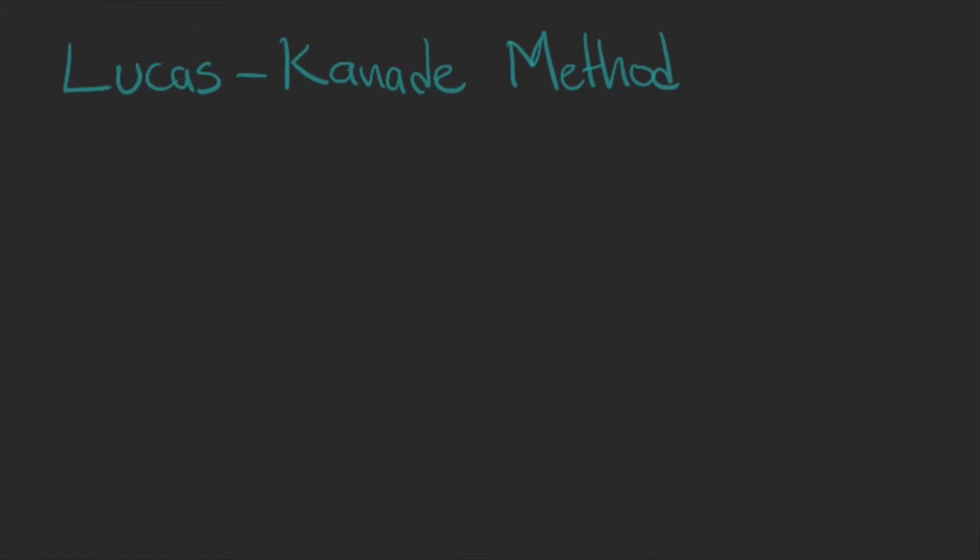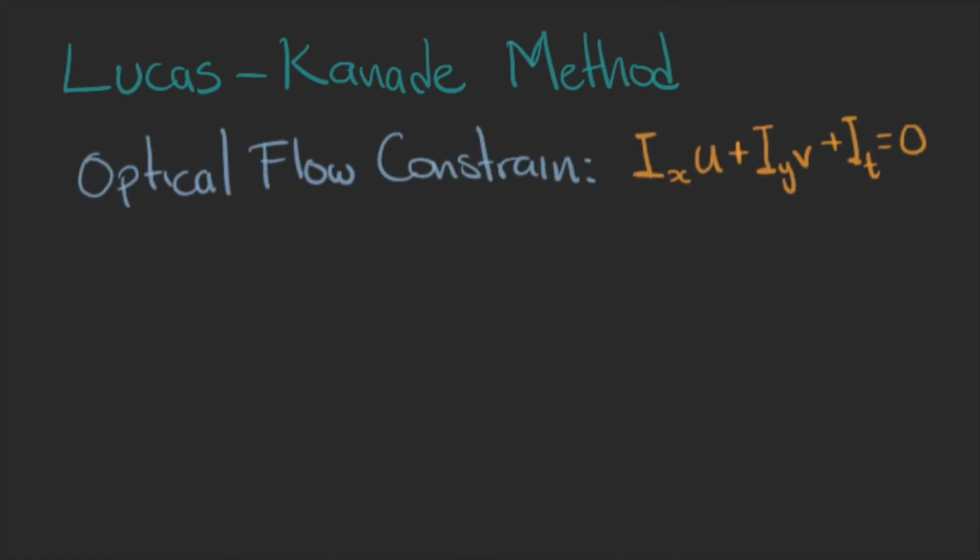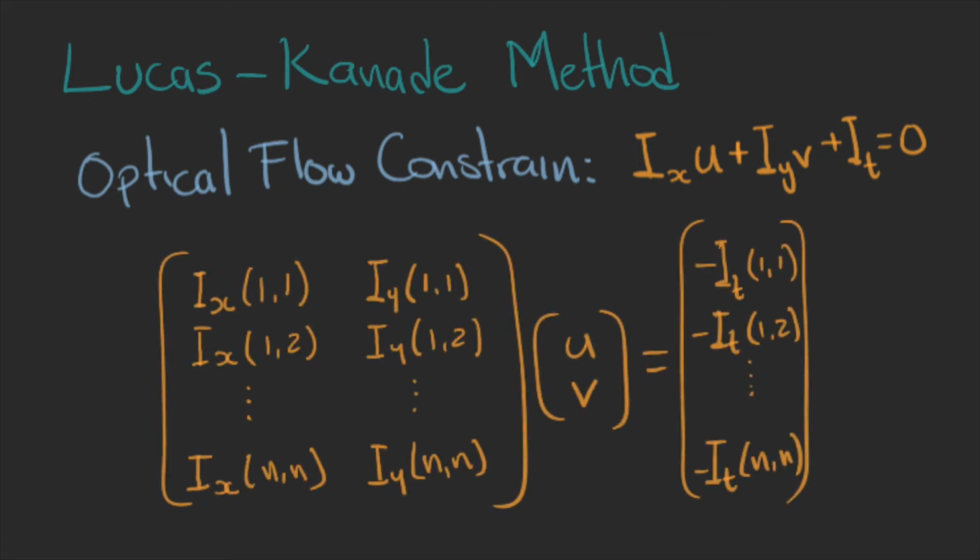Here we can use the Lucas-Kanade algorithm. So we know the optical flow constraint. Instead of calculating the average of the window, we can take the intensity of each pixel within the window and create a linear system like this.